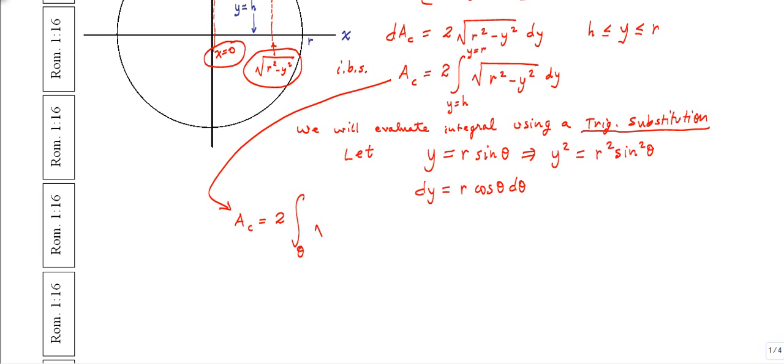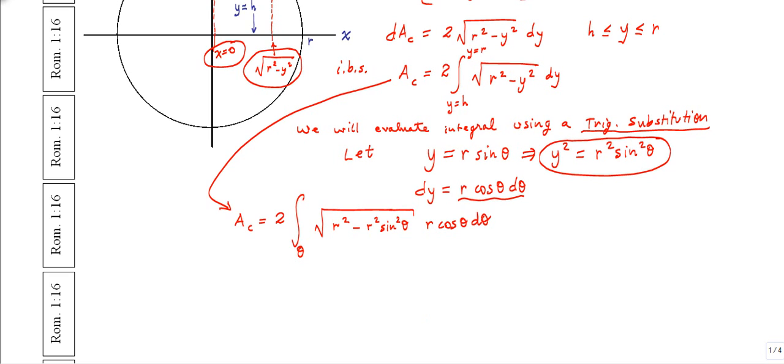It's going to be radical r squared minus y squared, we said, is equal to r squared times sine squared. And then we said that the dy is this right here, so that's times r cos of theta d theta.